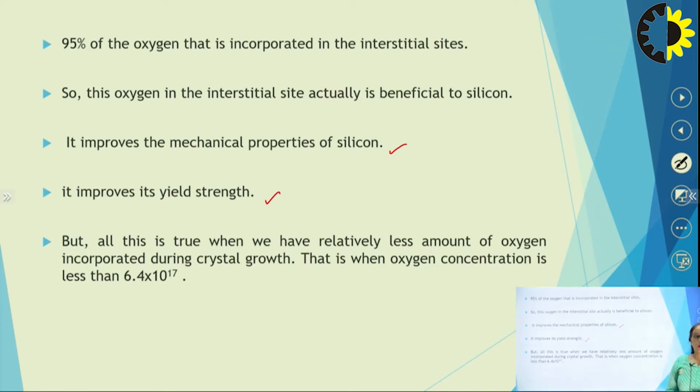This is true only when a very small amount of oxygen is incorporated during the crystal growth, and that concentration should be less than 6.4 into 10 raised to the power 17 per centimeter cube.